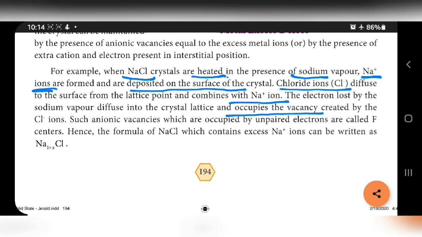Such anionic vacancies occupied by an unpaired electron are called F centers. NaCl contains 1 Na and 1 Cl. If excess Na plus ion is present, it can be written with 1 Cl only, but more than 1, that is 1 plus X sodium ions.